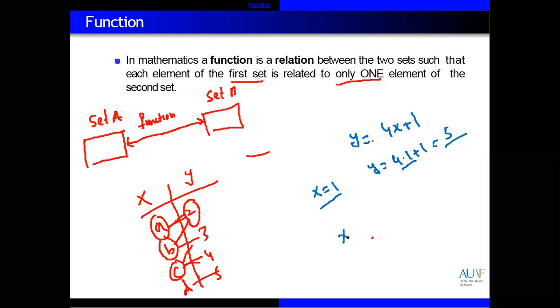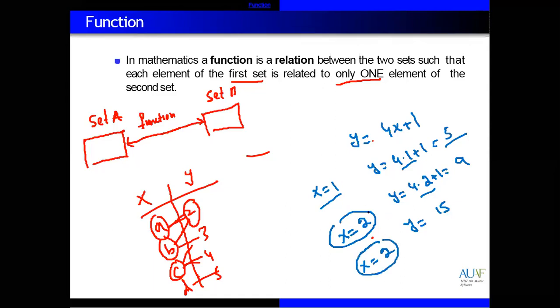If you give another value, for example x = 2, what is the value of y? 4 multiplied by 2 plus 1, so 8 plus 1 equals 9. But if you give 2 again and it gives you another value, let's suppose 15, this is not possible. For one value of x, two different values of y is not possible. 2 with 9 and 2 also with 15, this is not possible.